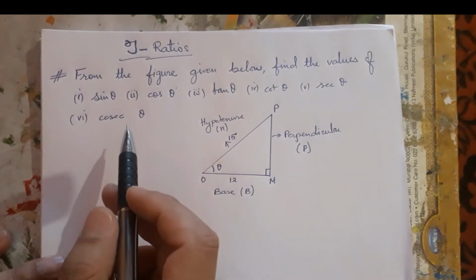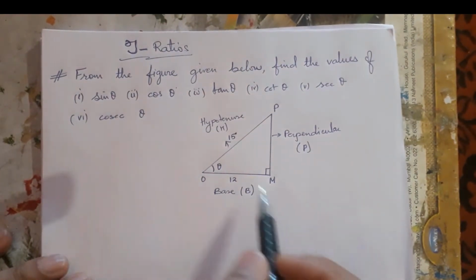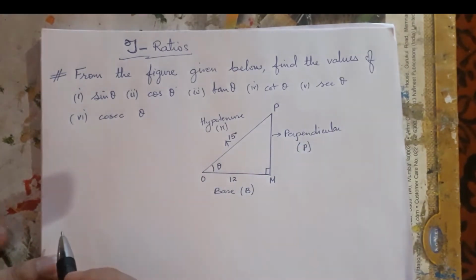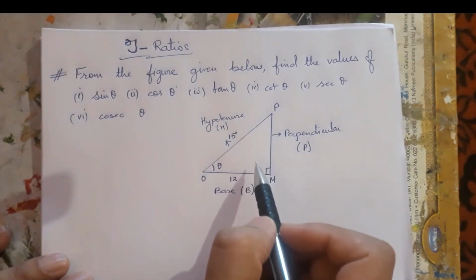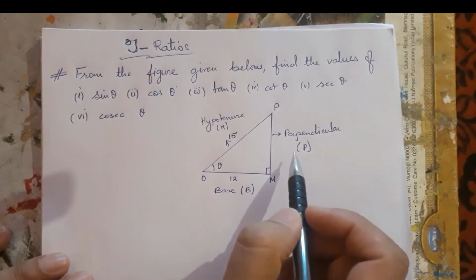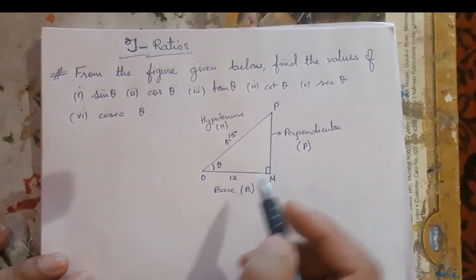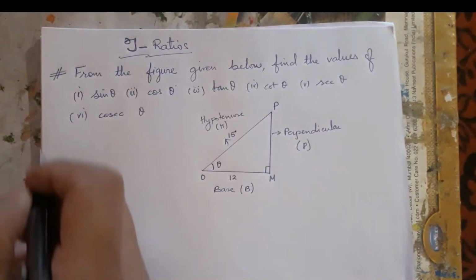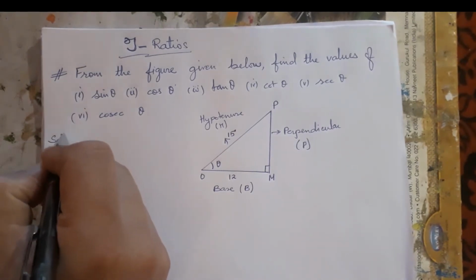In order to find these trigonometrical ratios, we must first know all the sides. So we know the hypotenuse, we know the base, we do not know the perpendicular. To know this one, we will apply Pythagoras theorem first.